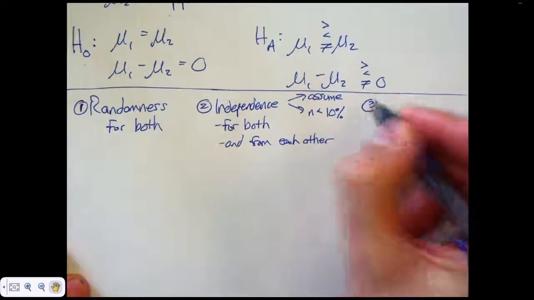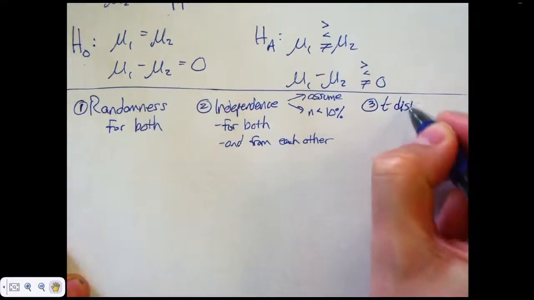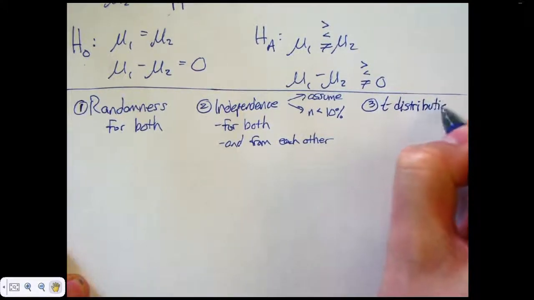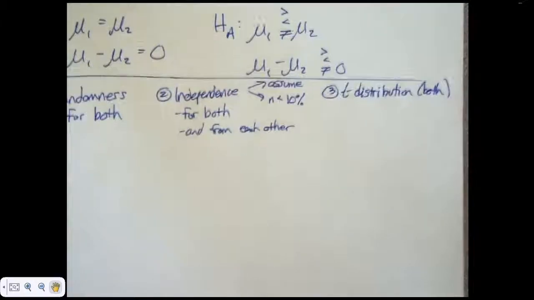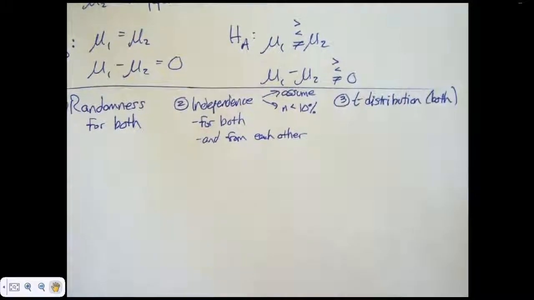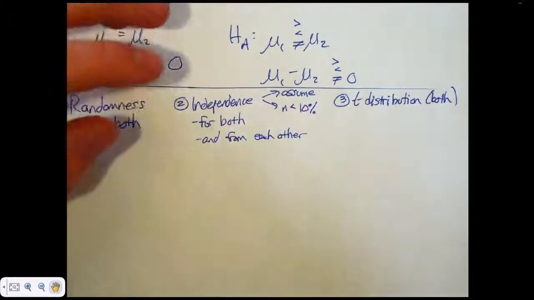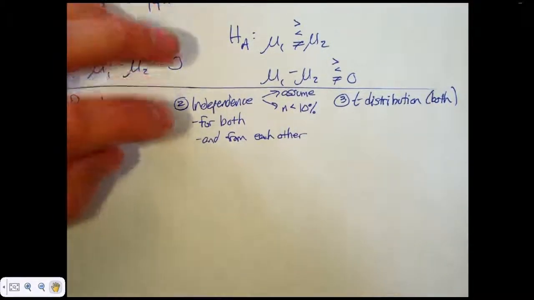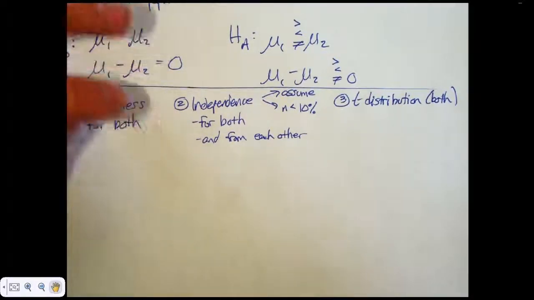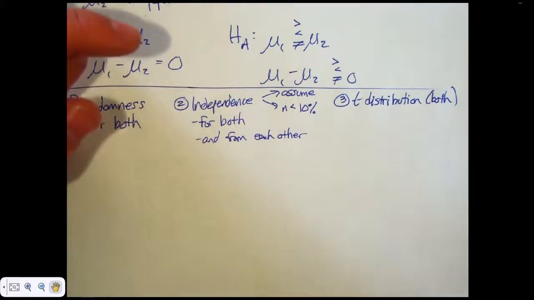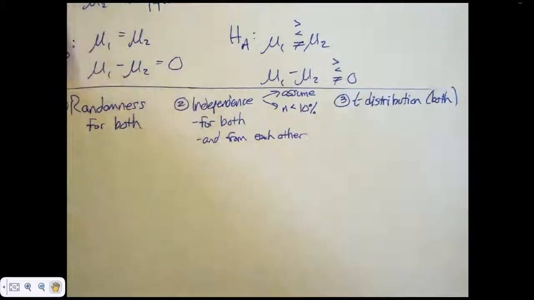The third thing we need to know is that we can use a t-distribution for both. One of three things needs to be true. So what are the things? What could I count for a t-distribution?